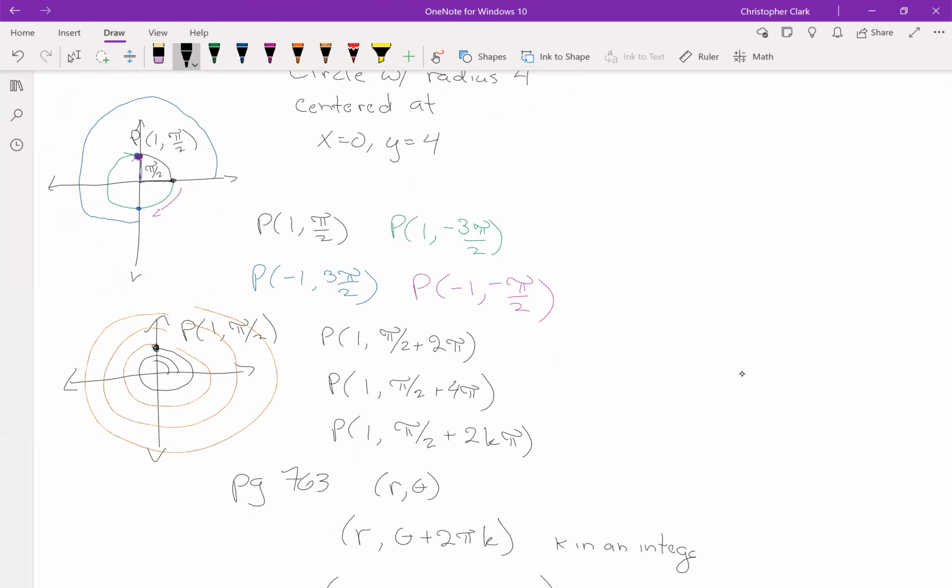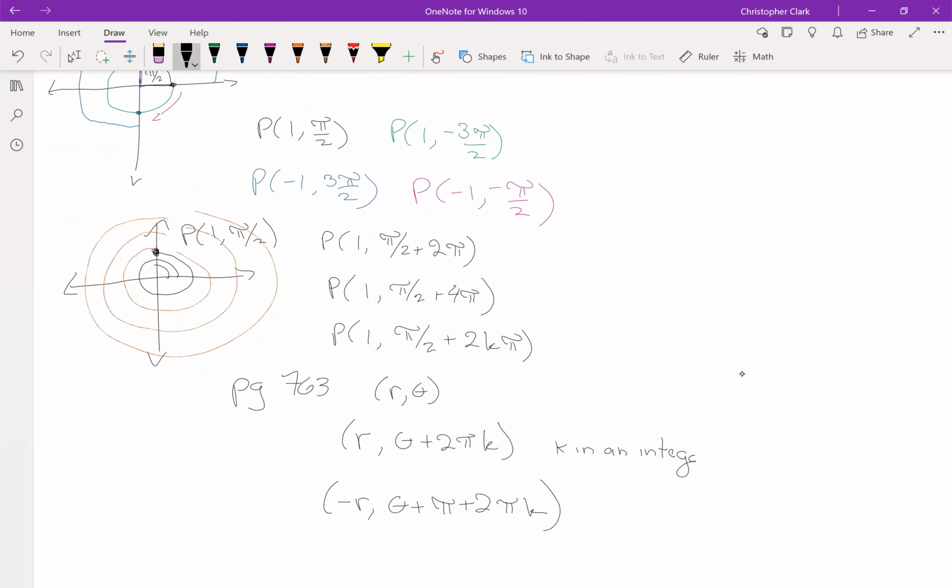But I think this is a simple example that shows how all 4 of these are going to get you to the exact same position in the coordinate system, and further that you can arrive at that same position with an infinite number of points that look different, right? Because you're going to add 2kπ, or flip the r, or something like that. So polar coordinates are really interesting in that regard.